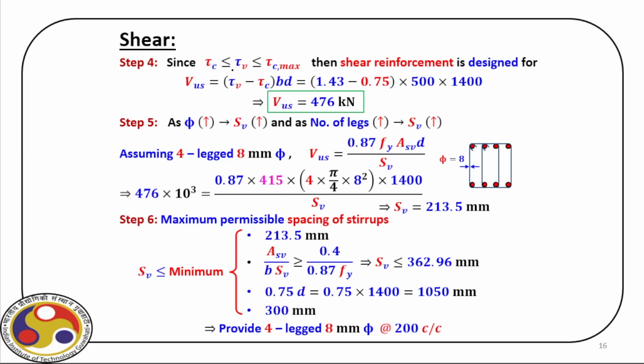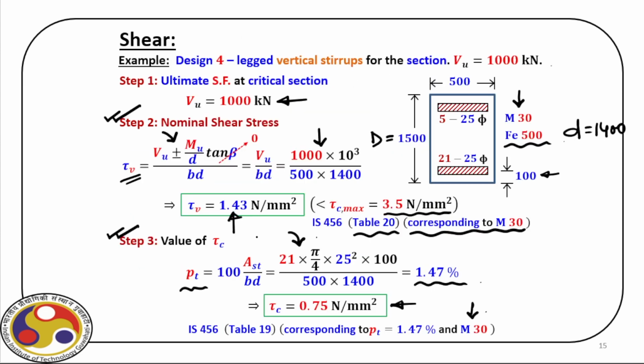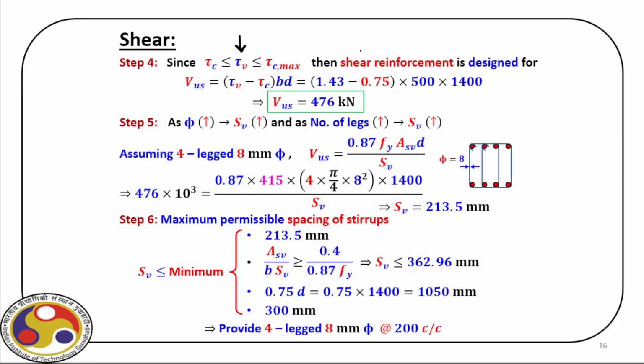Then in our case, we have our tau v, which is in between tau C max and tau C, as you can see here. It is 1.43, which is less than 3.5, but more than 0.75, right? So then we have to design the shear reinforcement, and for that we subtract tau C from tau v, because tau C is already provided by the cross section without reinforcement.